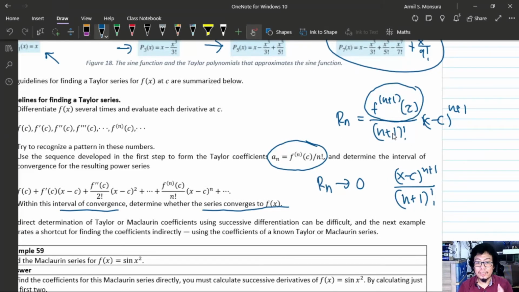So far, for the three examples that we had, two from 4.7 and one from the previously concluded example, we had the upper bound of your Rn to be this. This is actually the maximum value that Rn can take.